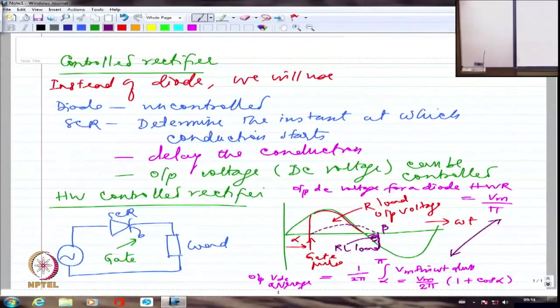So I have to integrate between alpha and beta, which has to be solved for by first of all solving for current. After solving for current, the initial condition will be I of alpha equal to 0, and again I have to put I of beta equal to 0 to solve for beta in that expression. That's how we solve for beta. So this is the difference between what we had as uncontrolled rectifier and what we have as controlled rectifier.